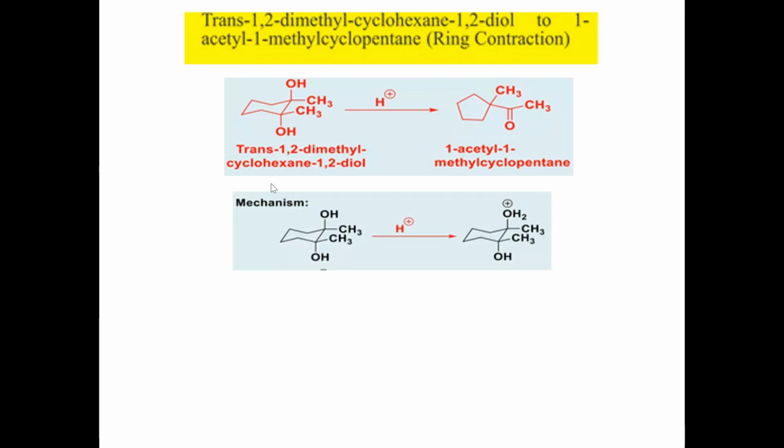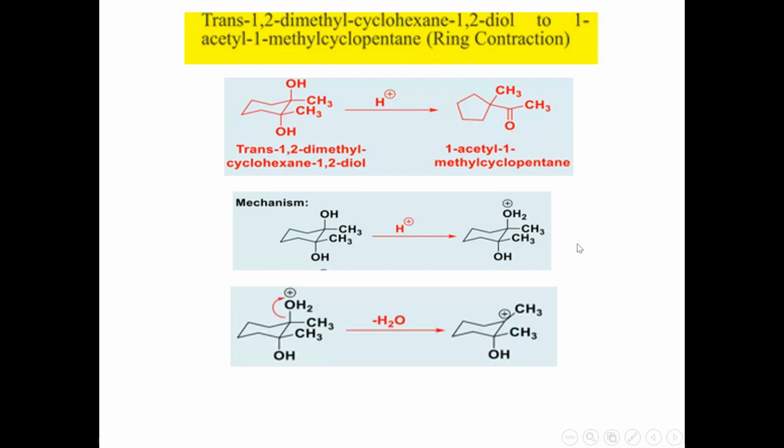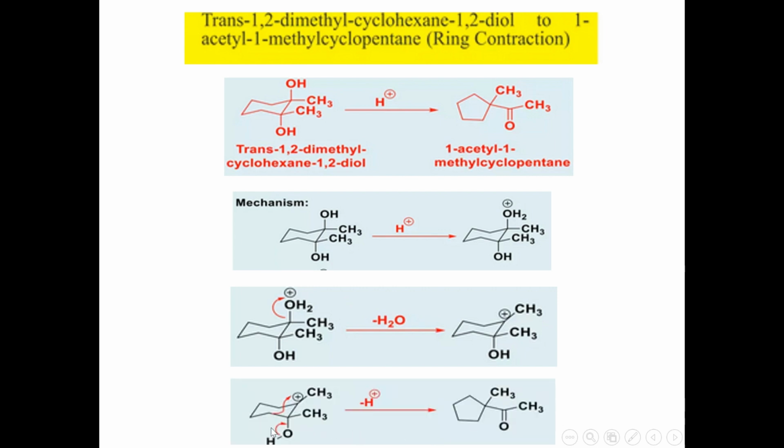If I look into the mechanism, the protonation of the OH takes place leading to OH2 plus. This OH2 plus will take away the electrons and go away, creating a carbocation. Now, the OH bond breaks and the electrons form the double bond over here. Opposite to the leaving group, this is also a beta carbon.